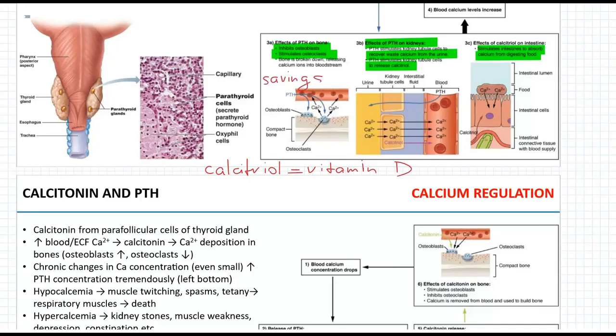Option number two, you try to spend less. And option number three, find a better paying job, so increased salary. And PTH contributes to all three of them. Good?